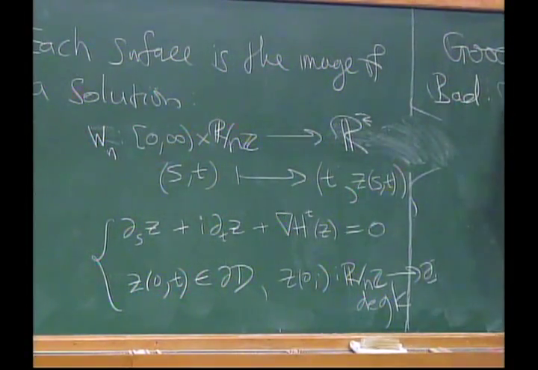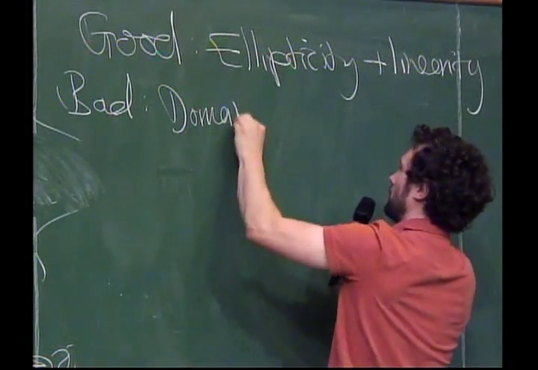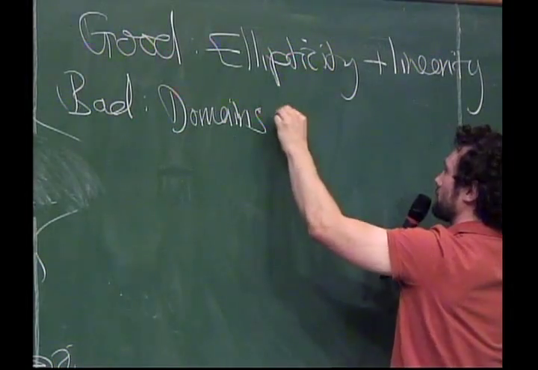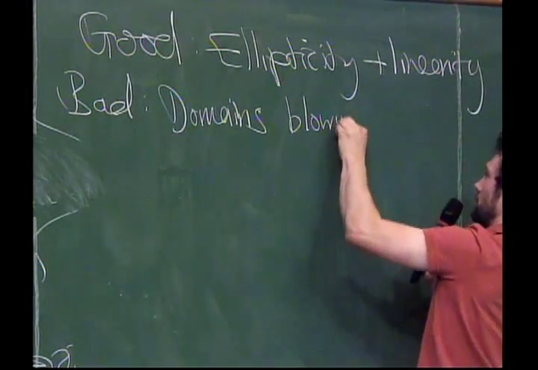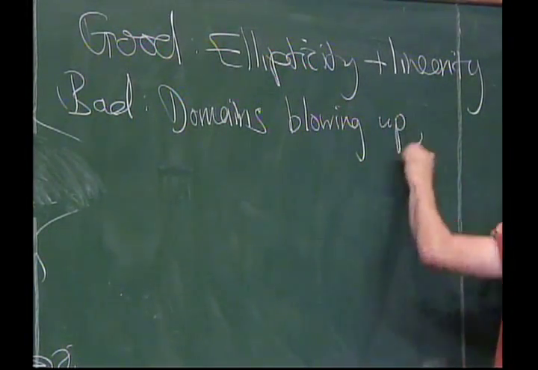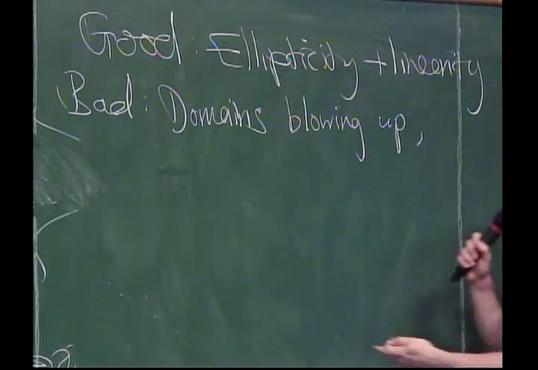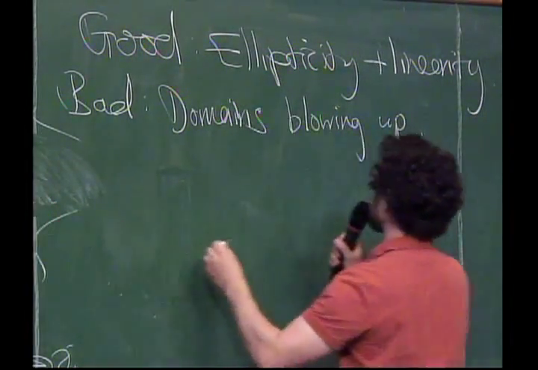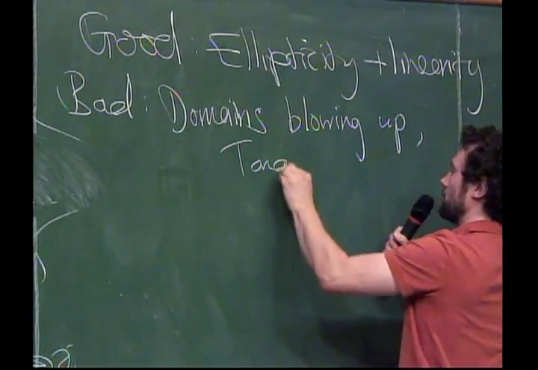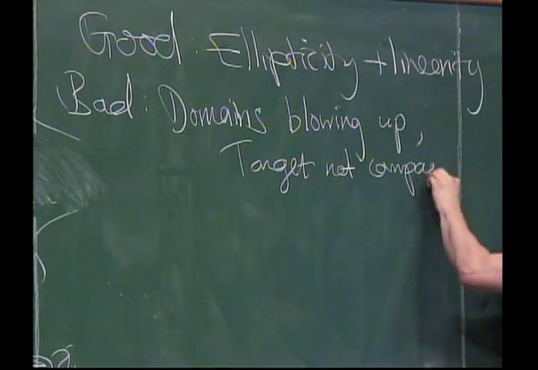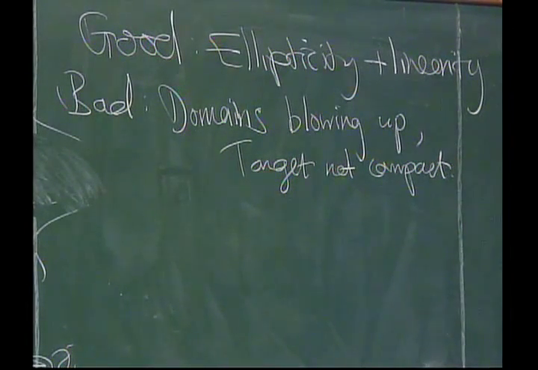So bad is that the domains are already non-compact, and they're getting even worse. Domains blowing up. And the other problem, which always happens when it's linear, is that you're mapping into a vector space, and this is also not compact. The target, of course, is compact. And because it's linear, you could normalize, but then it changes the PDE it satisfies.